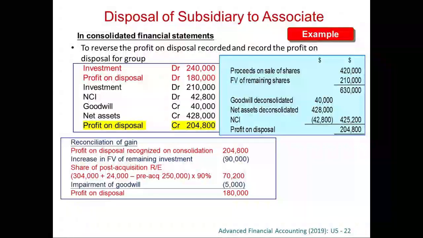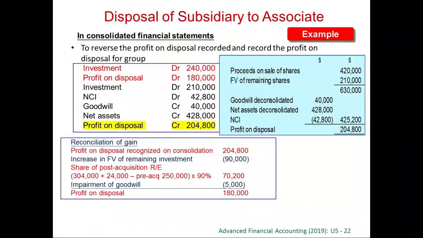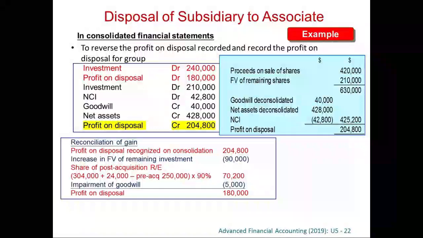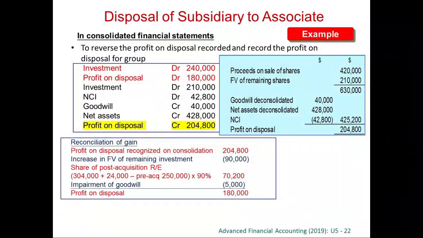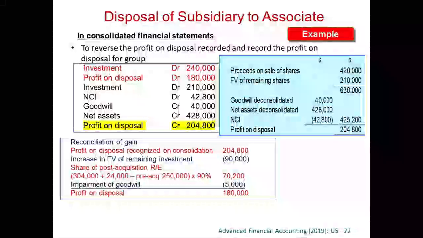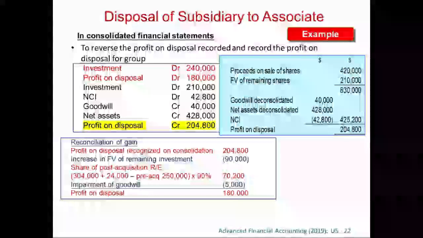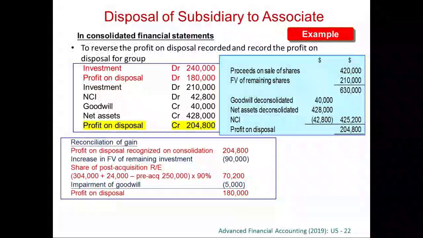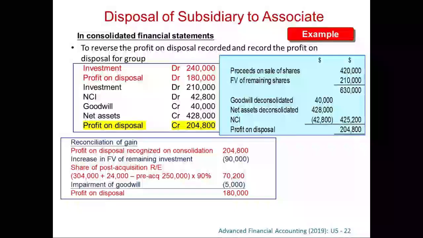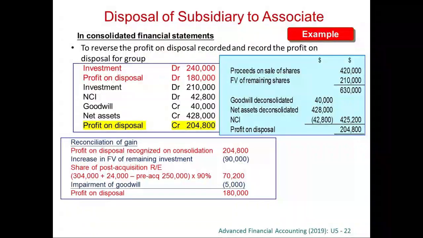As we have said before, the difference in profit is just a matter of accounting method. We should be able to explain. Because under consolidation, you accelerated the recognition of the profit, because you keep on sharing the profit of the subsidiary, while if we keep it at cost, we don't share.